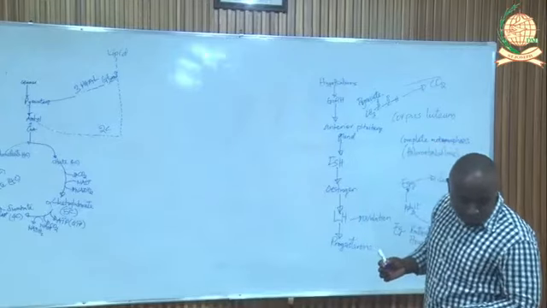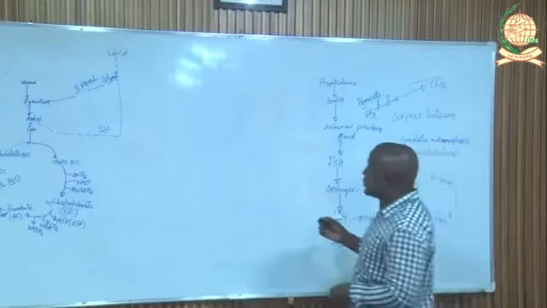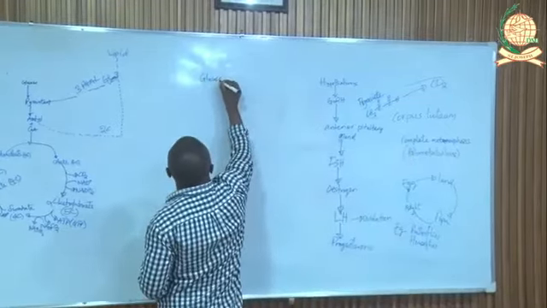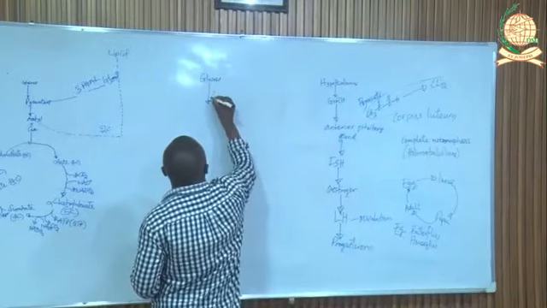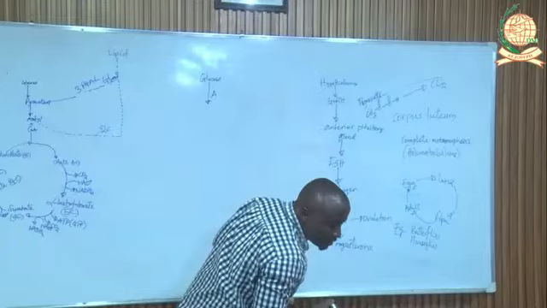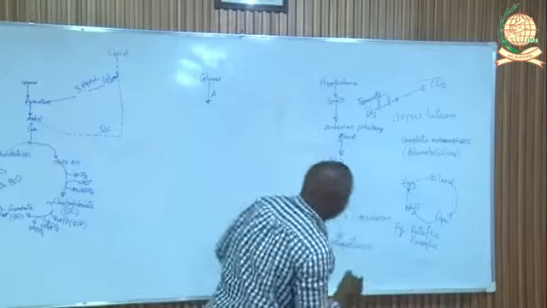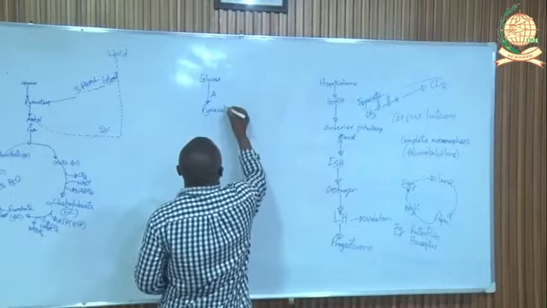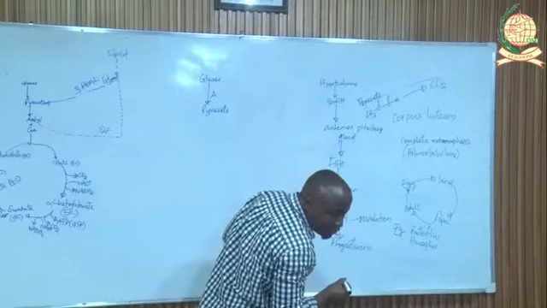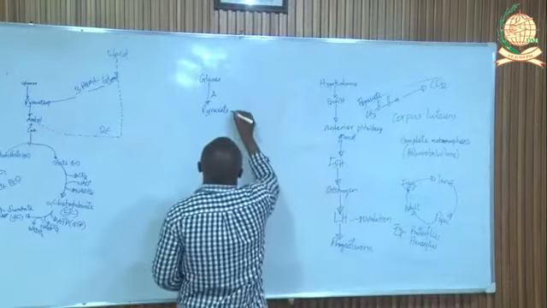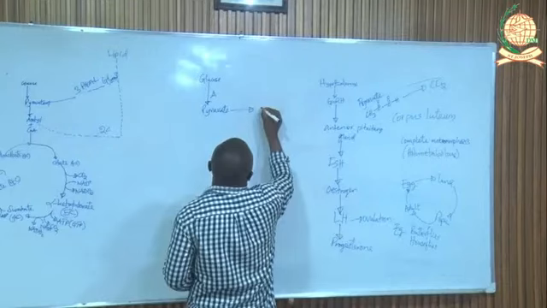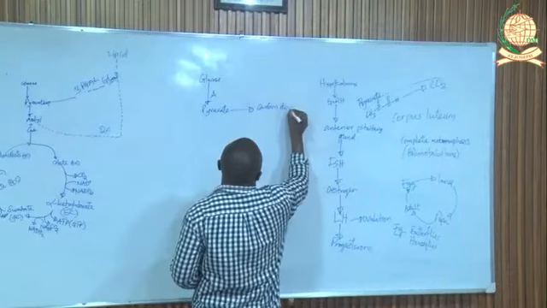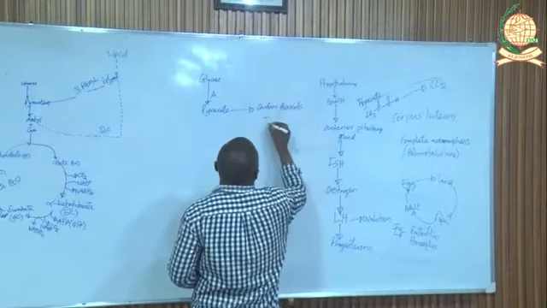There is glucose, then process A, where it forms pyruvate. Then pyruvate forms carbon dioxide and ethanol.